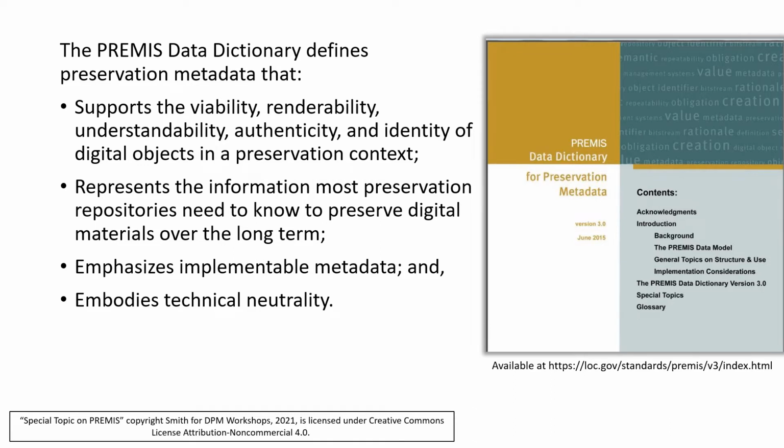The data dictionary emphasizes implementable metadata, that is, metadata that can be acted upon by computer programs and tools. These should be well defined, supported by guidelines for creation, management, and use, and oriented towards automated workflows. And it embodies technical neutrality, so no assumptions are made by PREMIS about preservation technologies, strategies, metadata storage, and management.